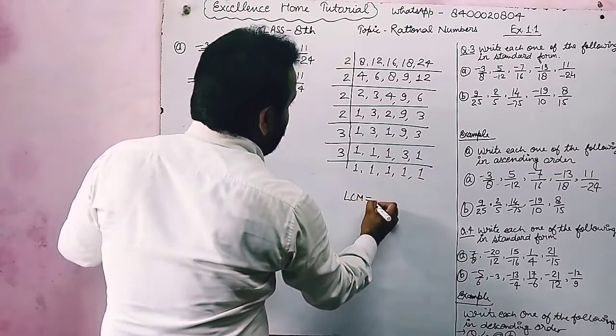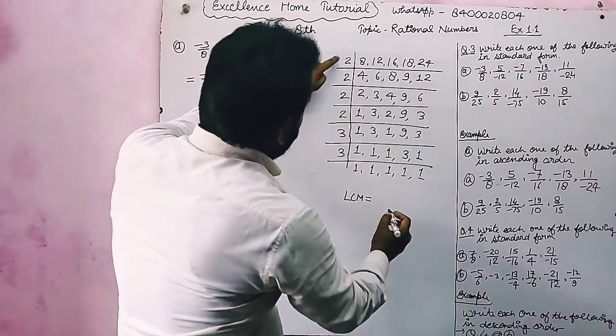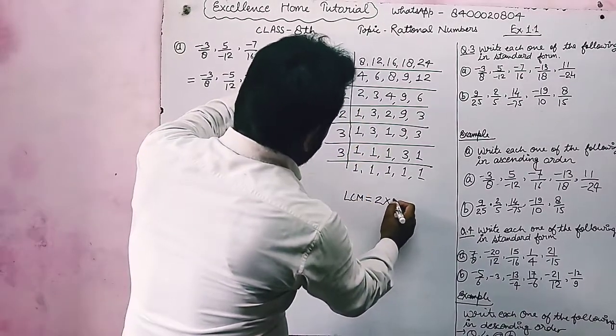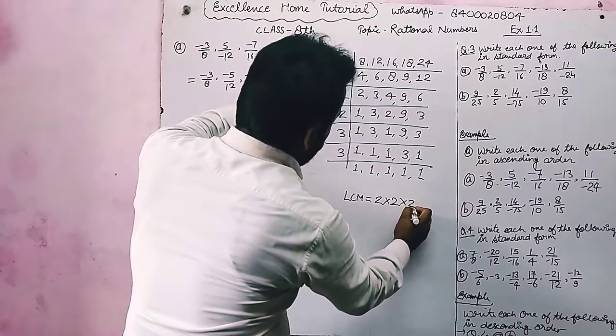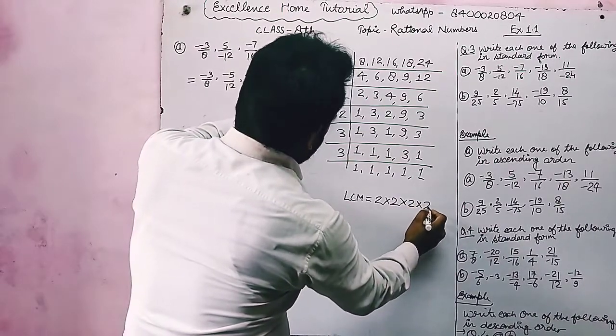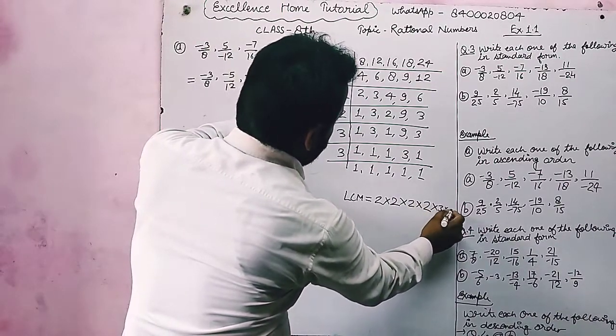The LCM of these denominators is 2 into 2 into 2 into 2 into 3 into 3.